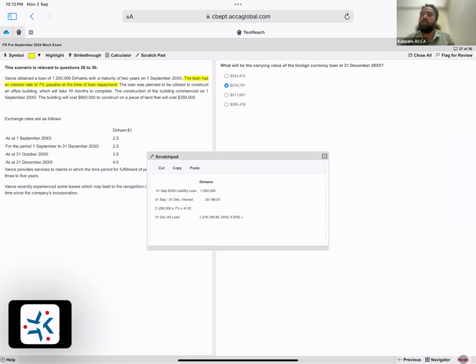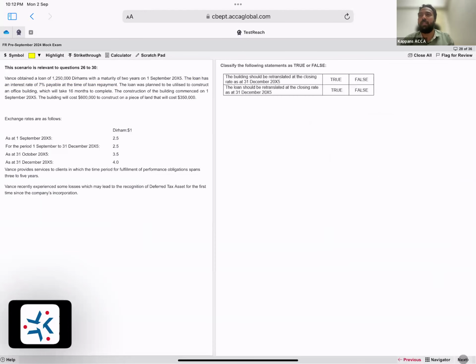So moving forward to the next question. Classify the following statements as true or false. The building should be retranslated at the closing rate at 31st December X5. That is wrong. Building is PPE, a non-monetary item.